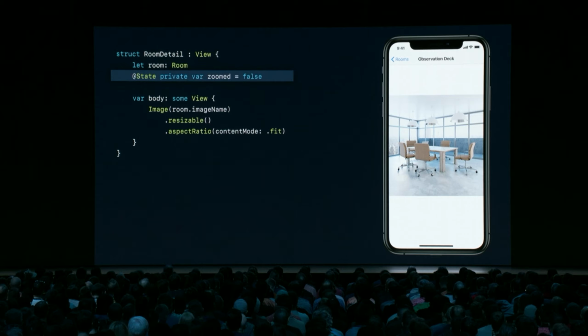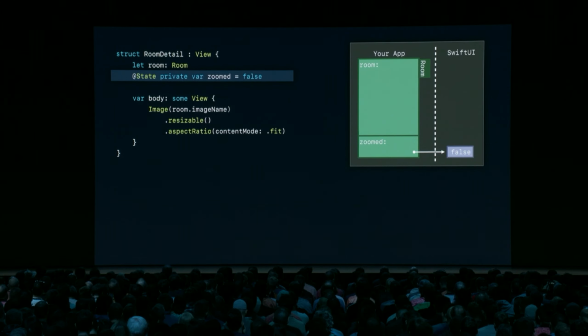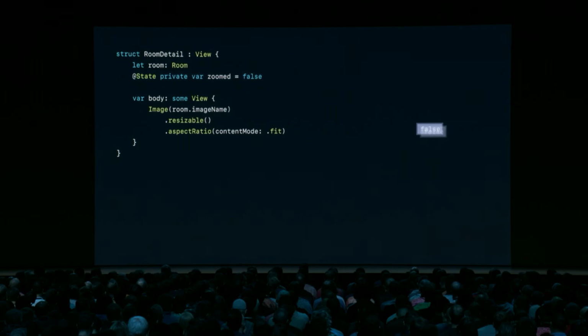So the first thing we'll need is a property, but it's a special property. It's a state property, and it says whether or not the image is zoomed. When SwiftUI sees a view with a state variable, it allocates storage for that variable on the view's behalf. In this memory diagram, the green is your app's memory, and purple is the memory SwiftUI is managing. And so this value of the zoom variable, we got you covered.